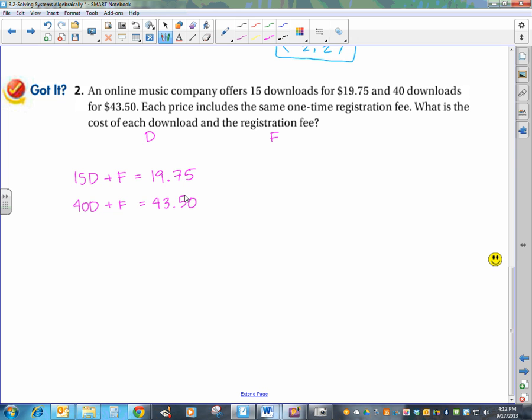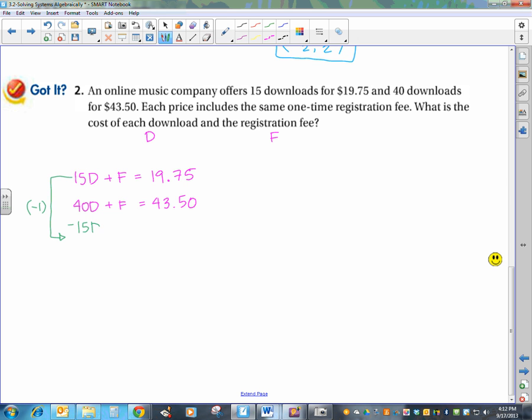So I have two equations and two unknowns. I have a linear system, and I actually have two variables that are already the same. So I'm going to take this top one, and I prefer to add instead of subtract. So I'm going to multiply everything by -1 just to make my life a little easier.